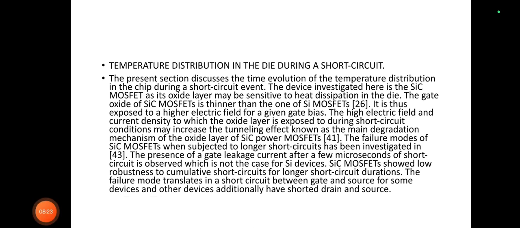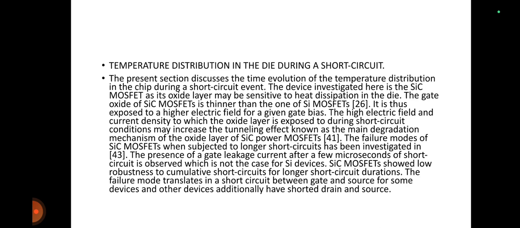The present section discusses the time evolution of the temperature distribution in the chip during a short circuit event. The device investigated here is the SiC MOSFET, as its oxide layer may be sensitive to heat dissipation in the die. The gate oxide of SiC MOSFETs is thinner than one of Si MOSFETs.